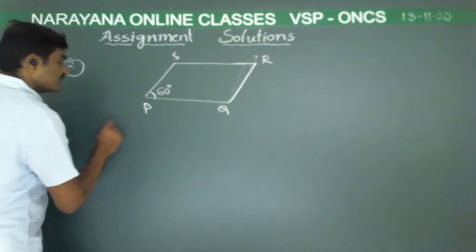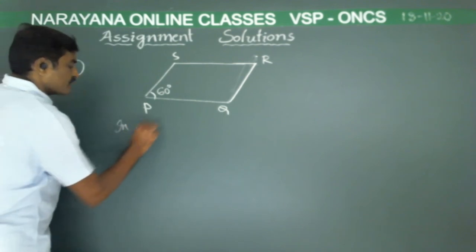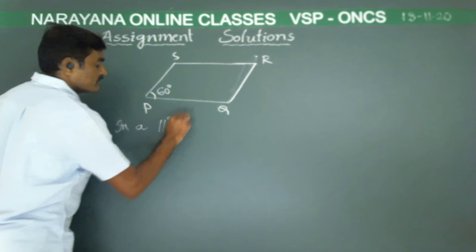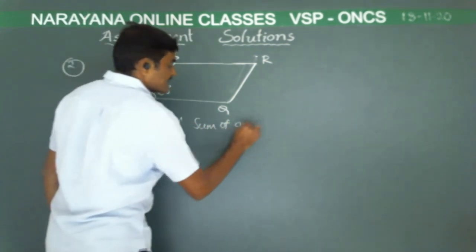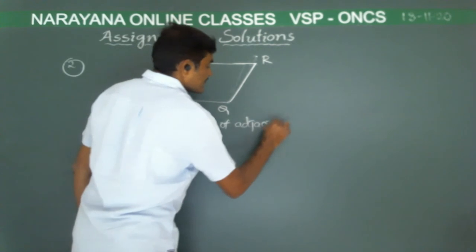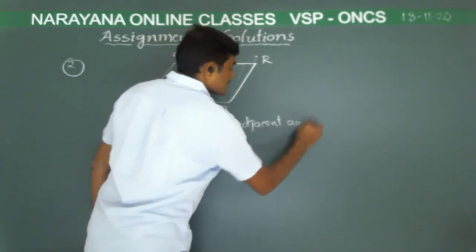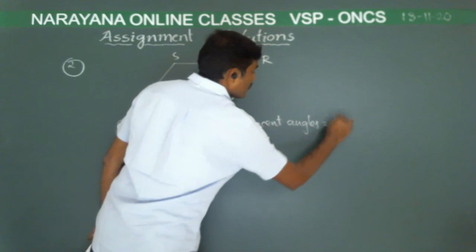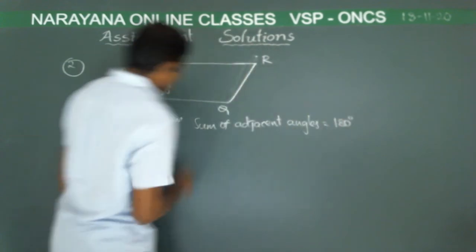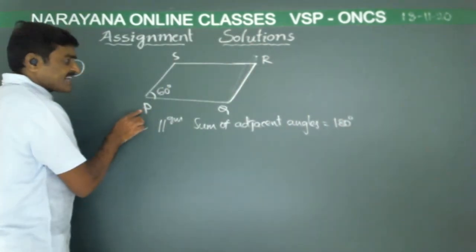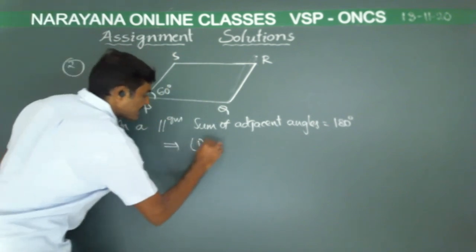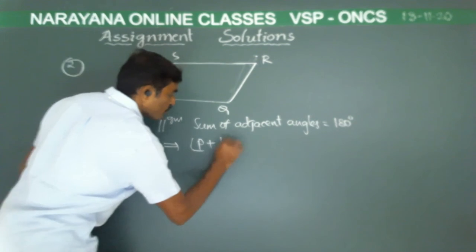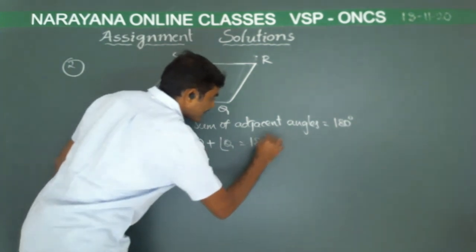We know that in a parallelogram, the sum of adjacent angles is equal to 180 degrees. The adjacent angle of angle P is angle Q or angle S. So angle P plus angle Q is equal to 180 degrees.